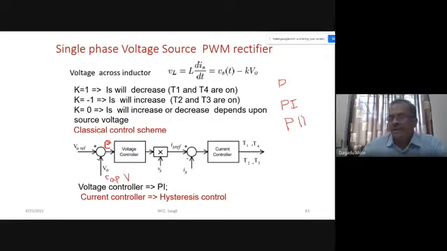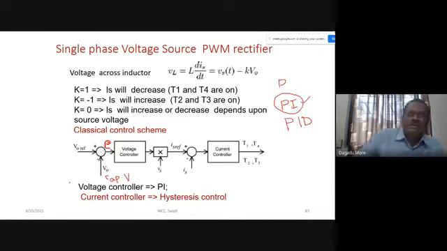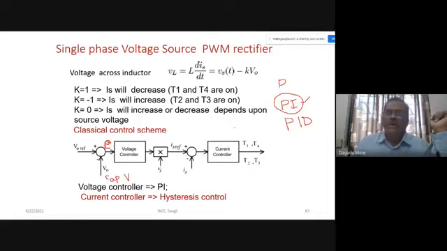In case of power electronics particularly, normally we go for a PI control, since the time constant of the system is small. So in 99% of cases we use a PI controller. PID may be okay, but normally we don't have much dead time in the system, and because of that we go for a PI controller.